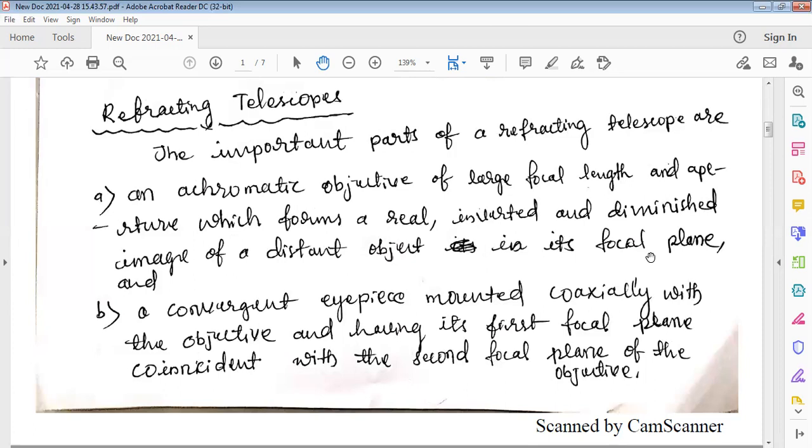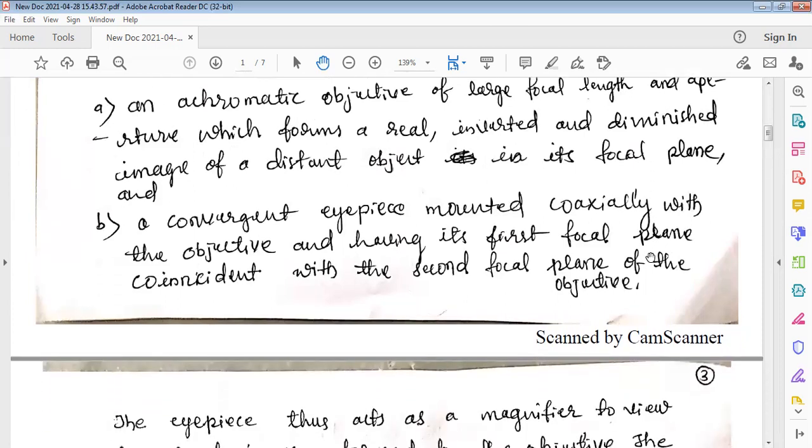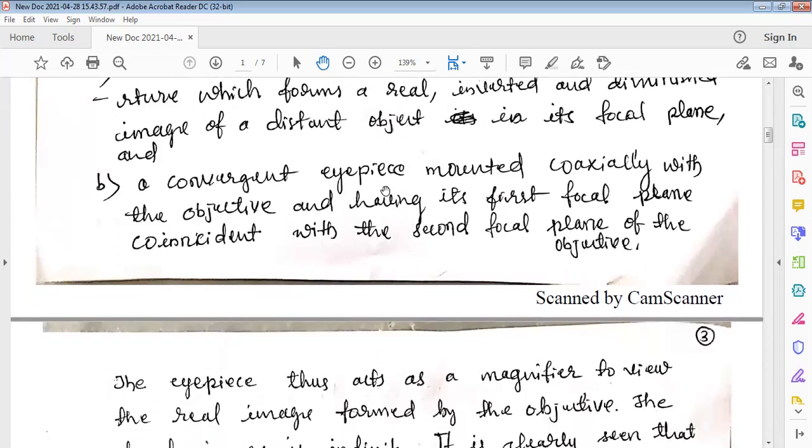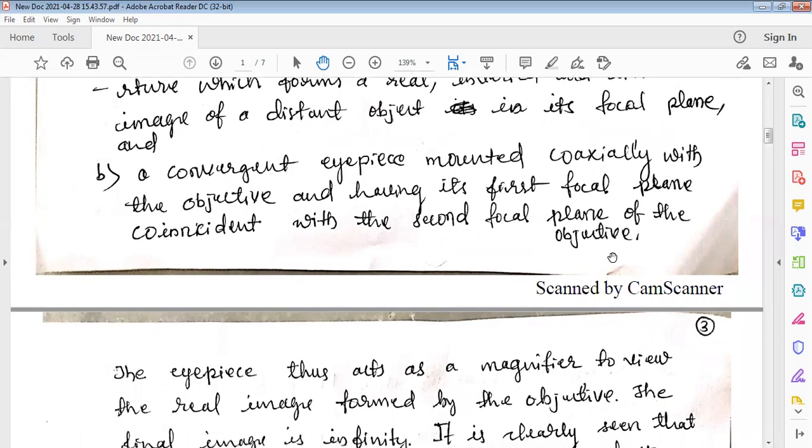Focal plane means a plane which is kept at the focal point of a lens. Next, the second major part of this refracting telescope is a convergent eyepiece mounted coaxially with the objective and having its first focal plane coincident with the second focal plane of the objective.